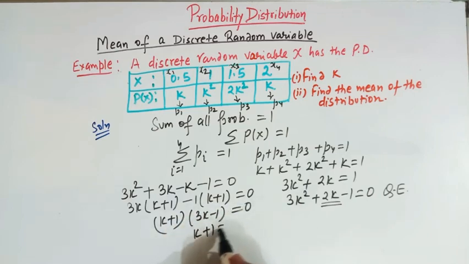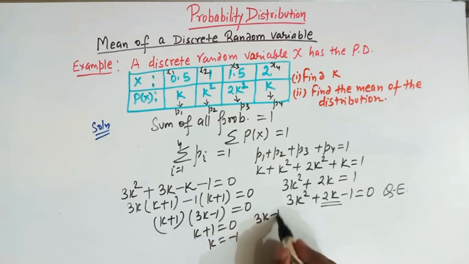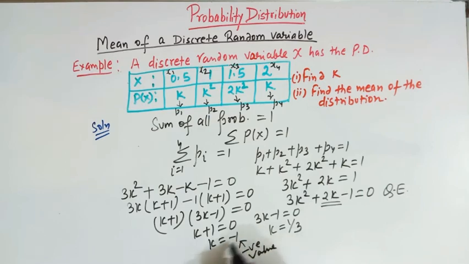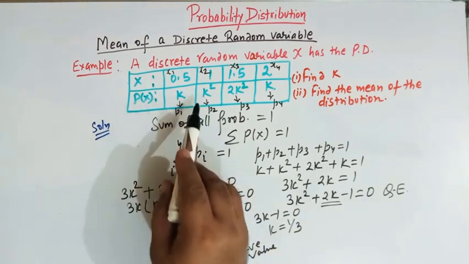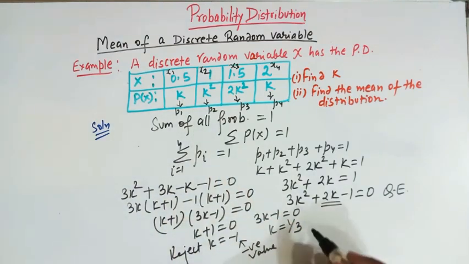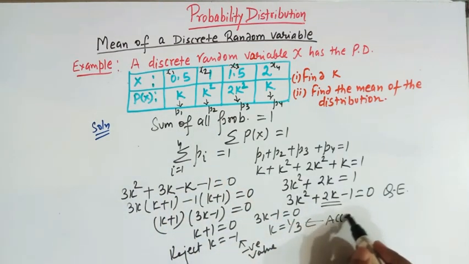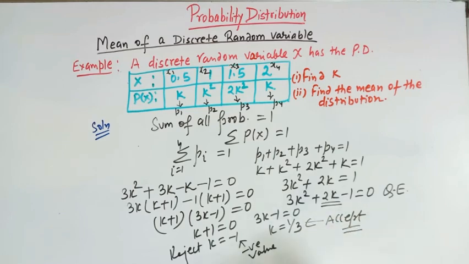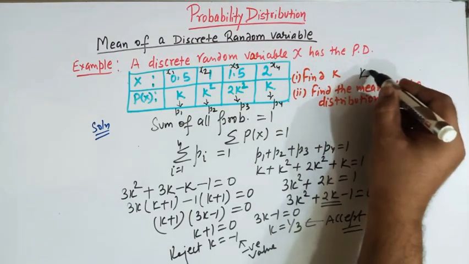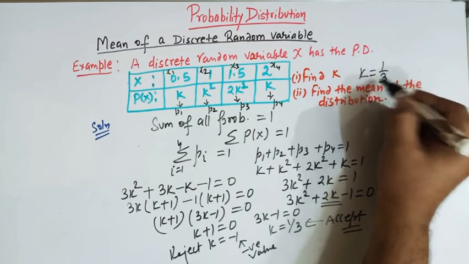So here k plus 1 equal to 0 gives us k is equal to minus 1, and 3k minus 1 equal to 0 gives us k is equal to 1 by 3. Now this is a negative value, so we reject it. So we'll reject k equal to minus 1 because it gives us the negative probability, right? So we'll reject it and we'll accept this value, right? So the value of k is 1 by 3, right?